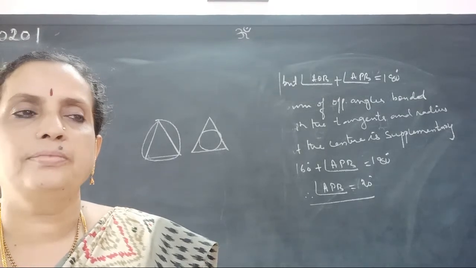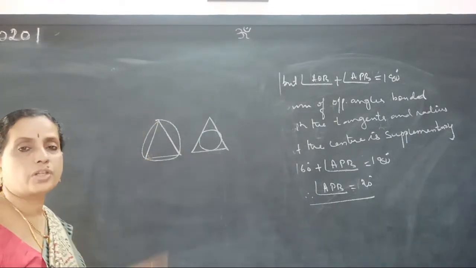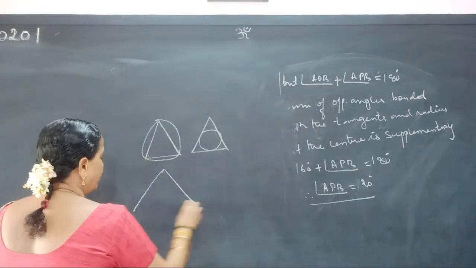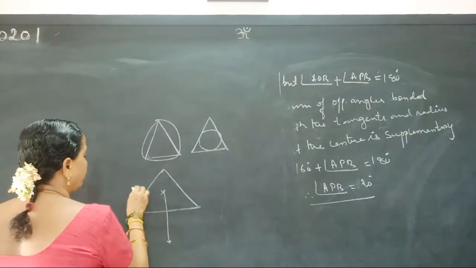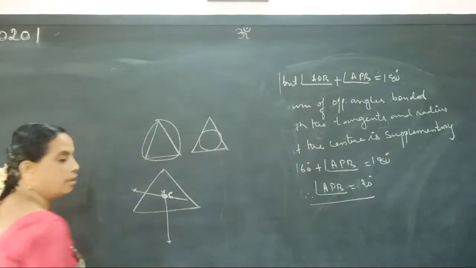Don't know? Okay. We get the circumcircle of a triangle when we draw the perpendicular bisector to any two sides of the triangle. This point is called the circumcenter.